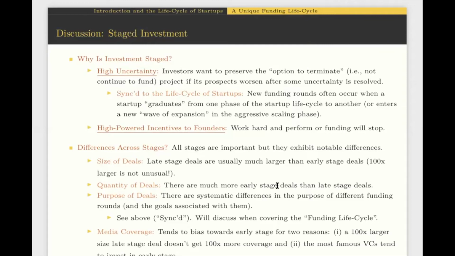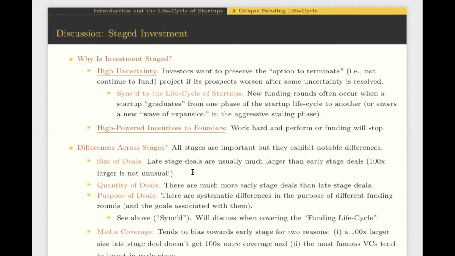So if you raise a funding round to try to find product market fit, there's no guarantee that you're actually going to successfully do that. And if you don't, you don't raise later rounds of funding, right? So basically later stage deals tend to be a subset of the earlier stage ones. So you have fewer late stage deals than you have early stage deals.